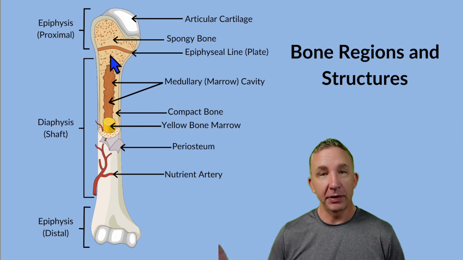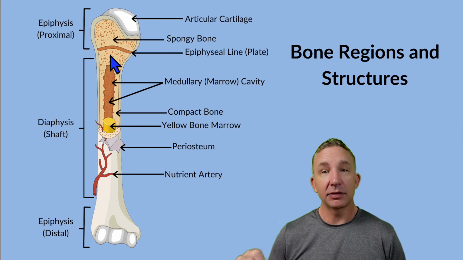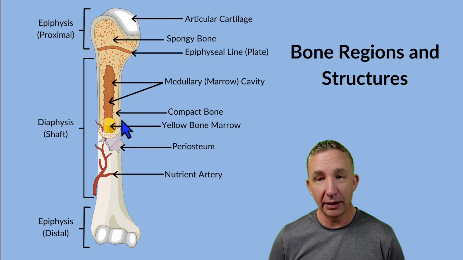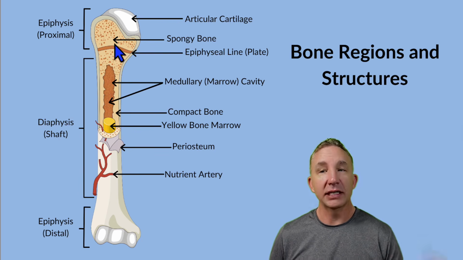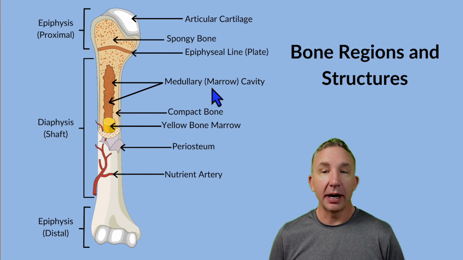So I have three regions, epiphysis, diaphysis, and metaphysis. And then we talk about two layers that help create it, periosteum on the outside, endosteum on the inside. And then I have spongy bone and compact bone, two types of tissue. We see blood inside the spongy bone. Within this space of the diaphysis, it's called the medullary cavity or the marrow cavity.